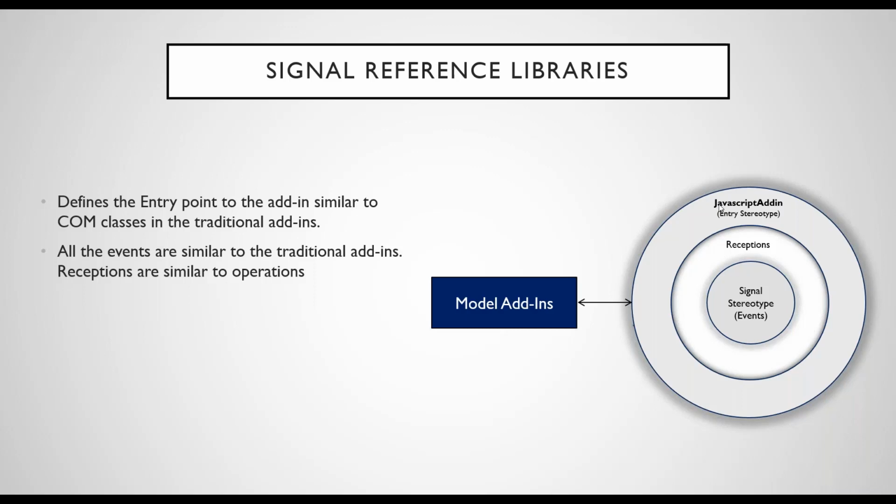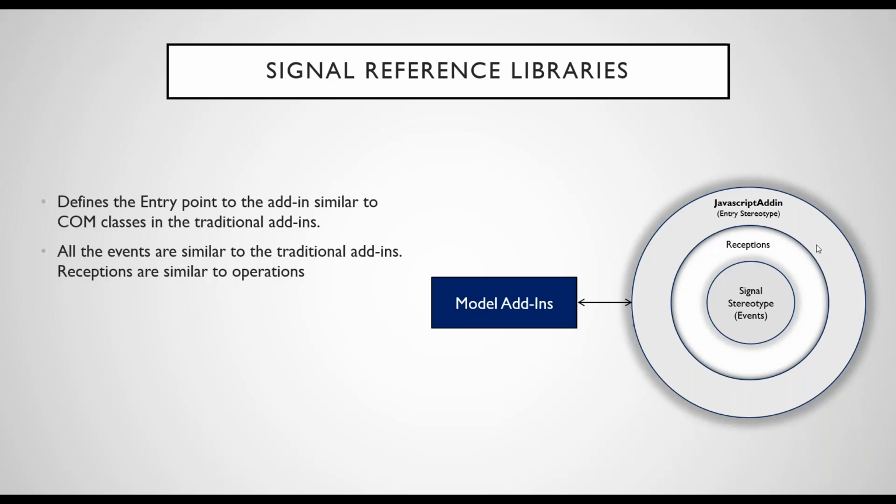All the configurations related to the add-in, like properties, receptions or signals, should be inside this single element. Basically, this single stereotype element defines the behavior and the functionality of our add-ins with the help of these signals and receptions.